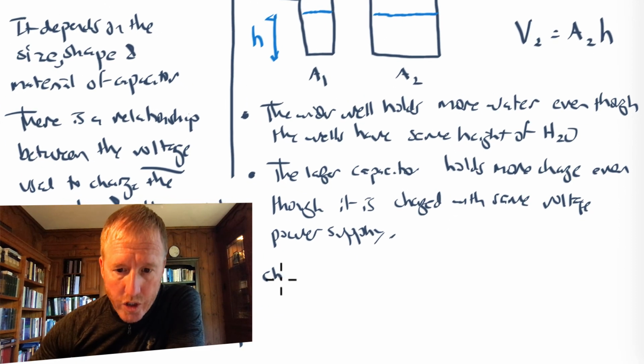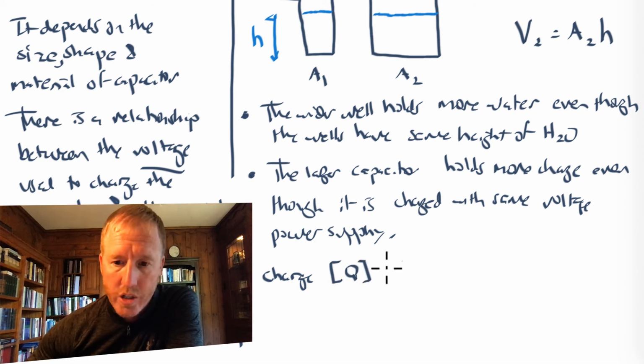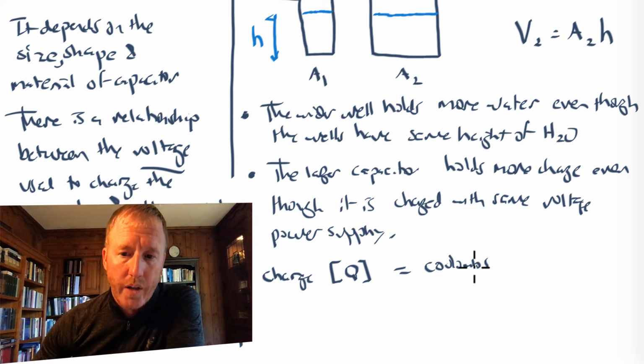So charge is denoted by the letter Q, and the units of charge, I'm going to put little square brackets around this, meaning the units of charge, in the MKS system are coulombs. We'll study a little bit about Coulomb next week, but the coulomb of charge is named after Augustin Coulomb.